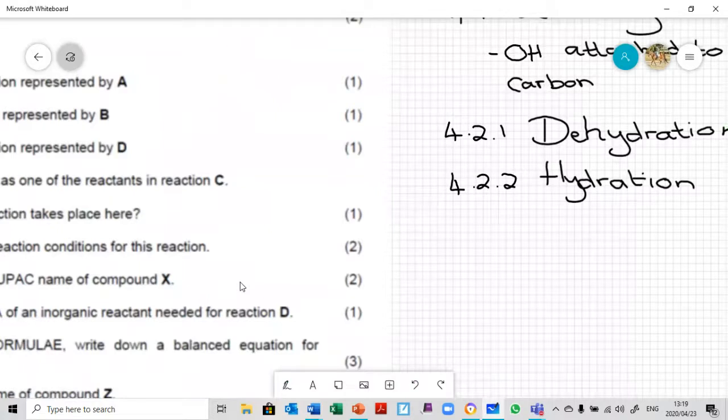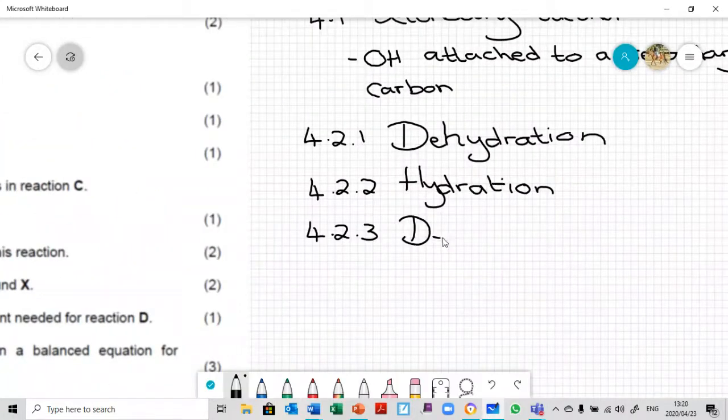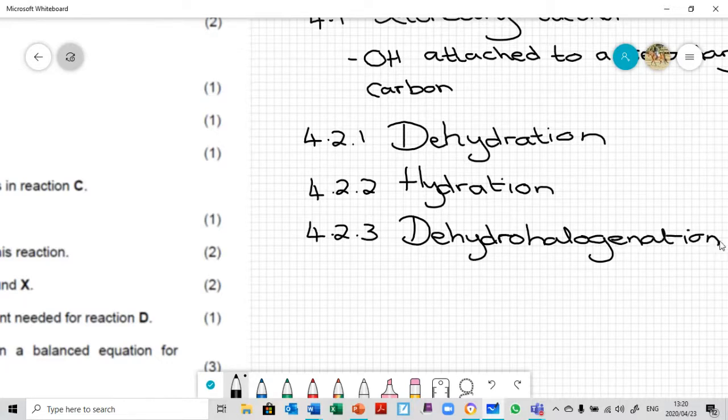And so I can say this is halogenation. There we go. Big word, big word, big word.